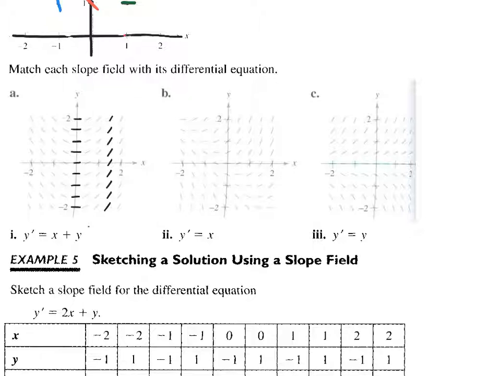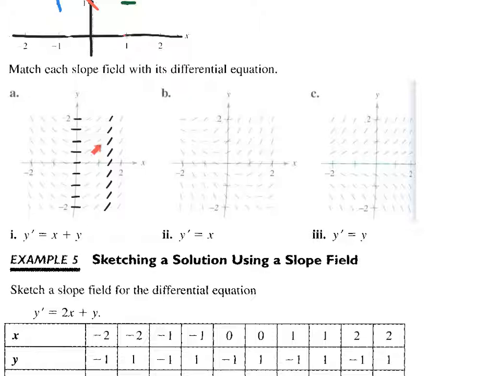So look, the only one is 2. That one I can eliminate and that one I can eliminate. Now, I would want to verify just to make sure that it fits with my others, but you'll notice here, y prime equals x. Well, if I think about that, here x is 0 and they're all horizontal.